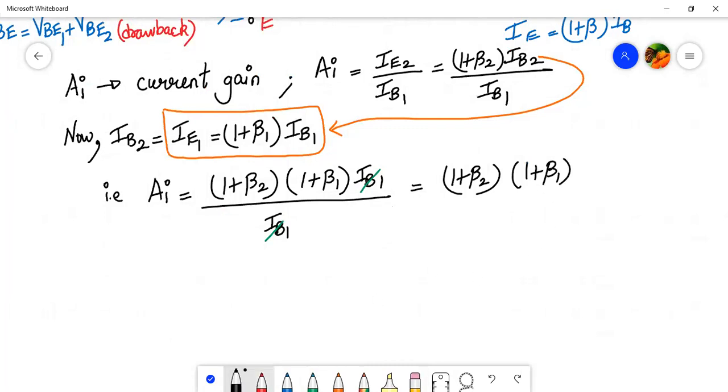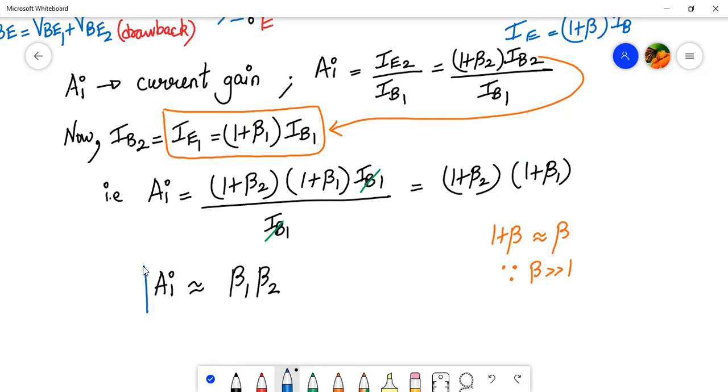So if you consider 1 plus beta approximately equal to beta, because your beta value is very much greater compared to 1. It's 200 to 300 for a normal BJT transistor, right? So here AI will be approximately equal to beta 1 into beta 2.